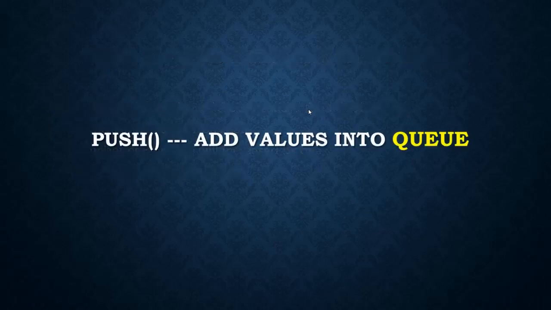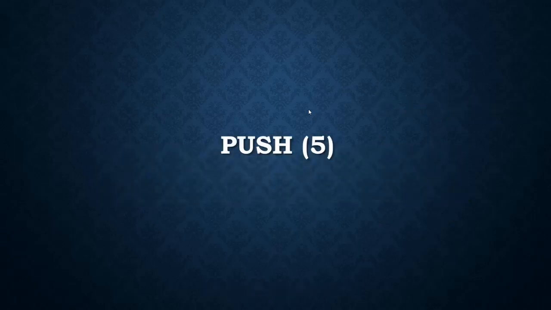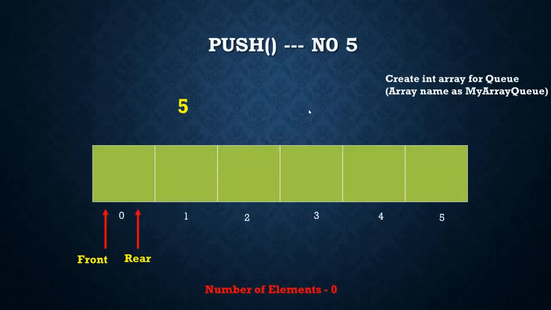Now let's see. I want to add a value into the queue. Here I have a queue array. You can see the number of elements is 0. Now I want to add or push 5. So this is my front, and my last or rear is also in the same position. Therefore, I am adding the value into the rear element.